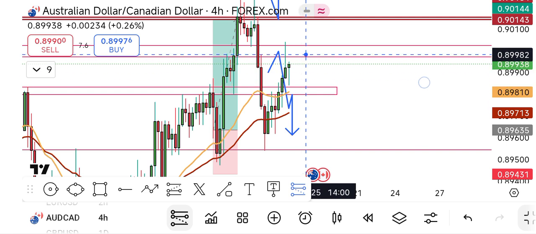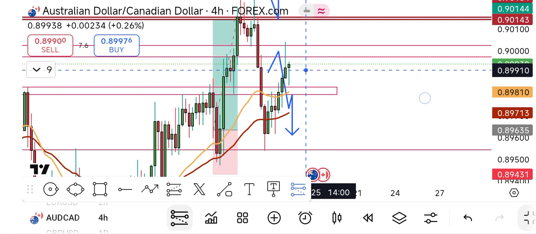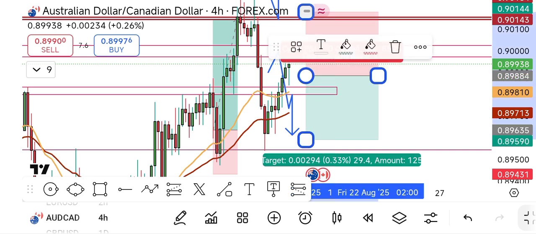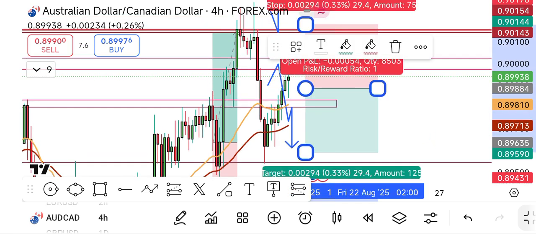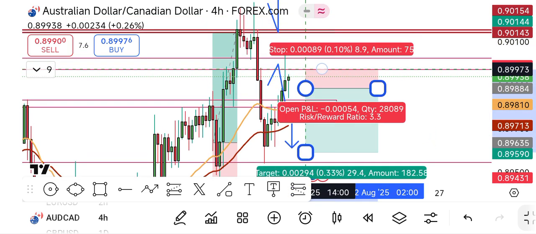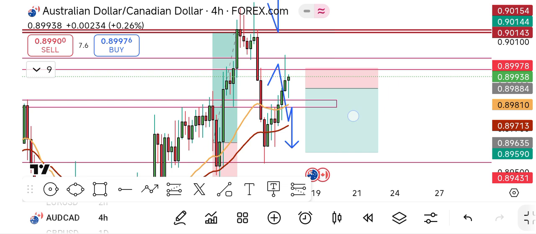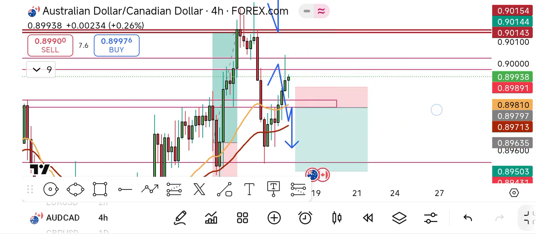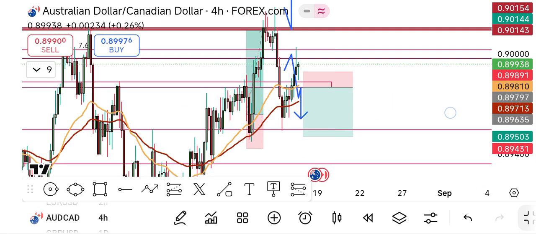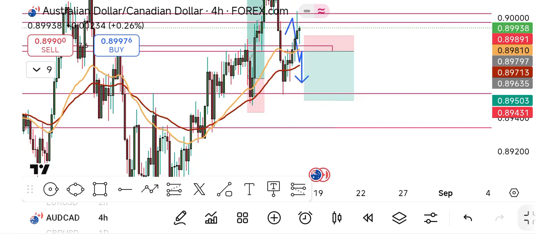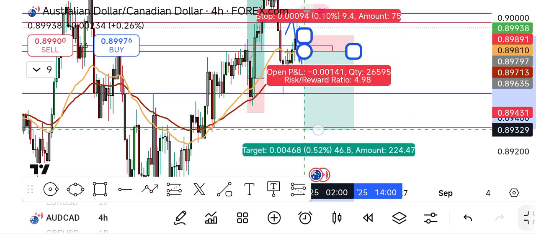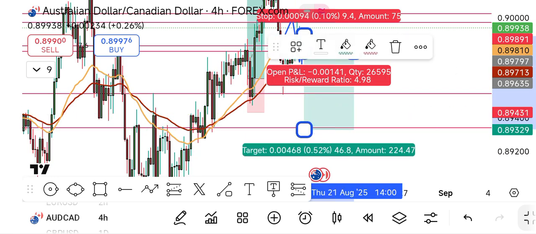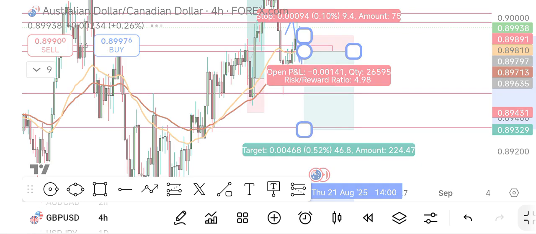Either we sell at this level, looking for a bearish engulfing candlestick, or we sell at this level, either of the two. It's going to give us a huge opportunity. We could take our profit at this level, 4.9 risk reward ratio.